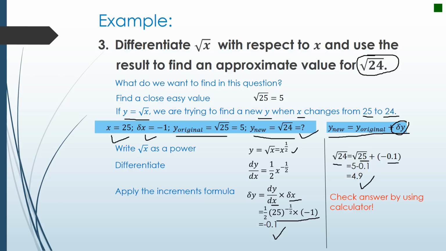You may now check the answer by using a calculator. Press the calculator, find square root 24, and see whether this value is close enough to the value given by the calculator. You will realize that this value is actually accurate enough, and you don't even need to use a calculator.